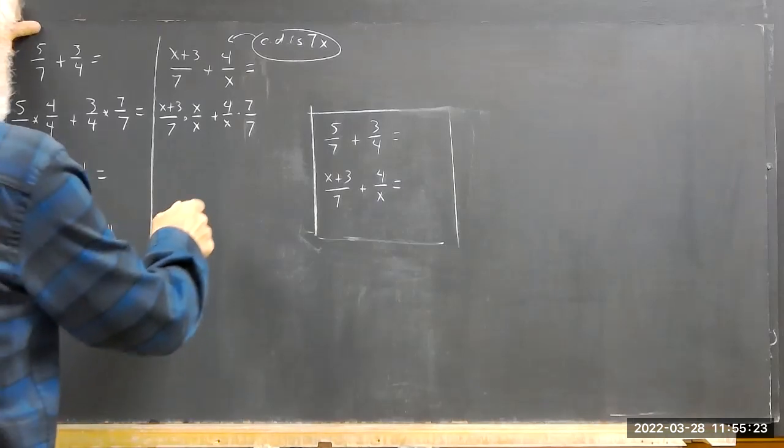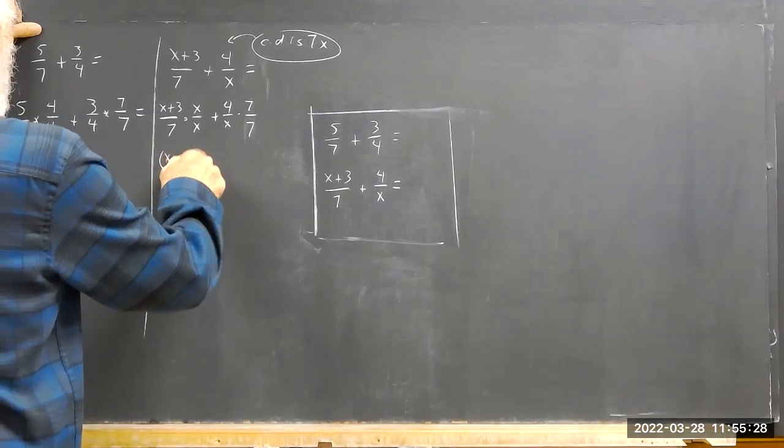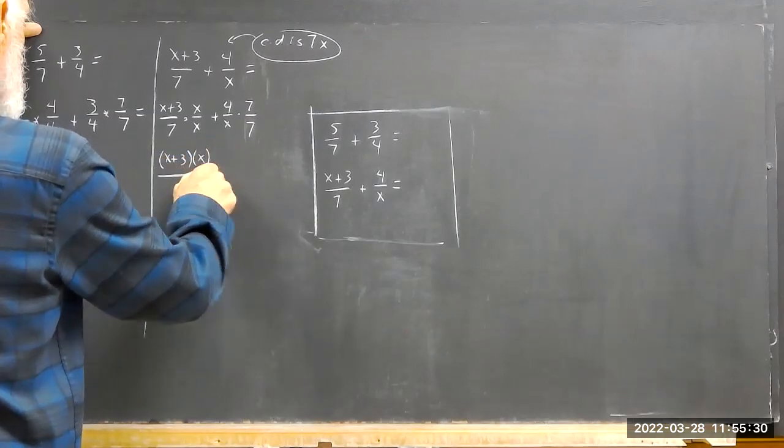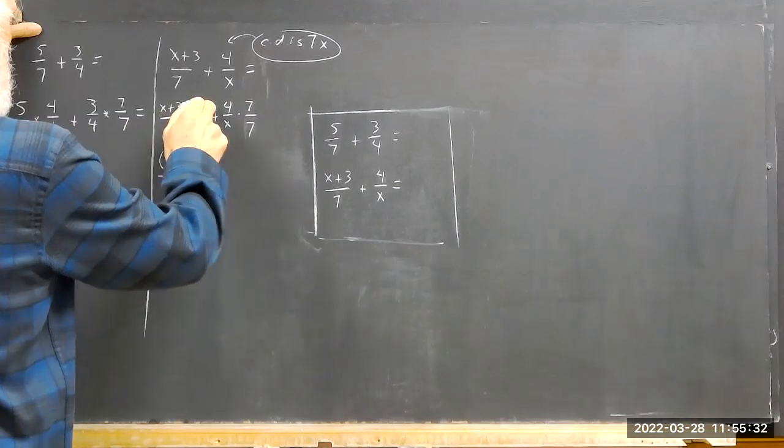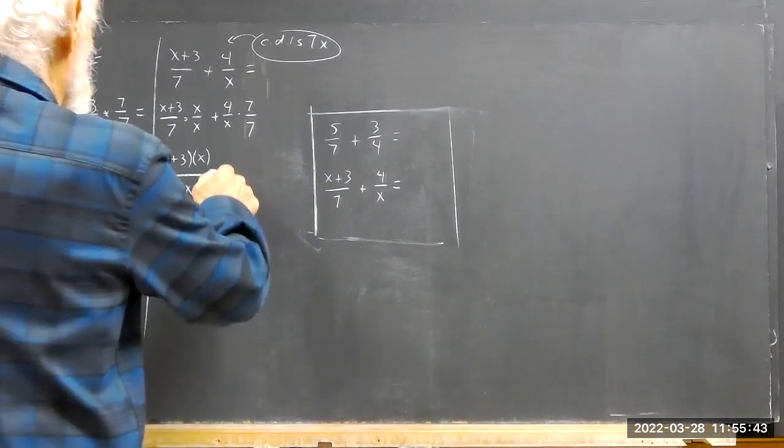And now we multiply this out. That's numerator times numerator, denominator times denominator. Multiplication is easy. Addition and subtraction is where you got to do the common denominator and make sure everything follows the rules.